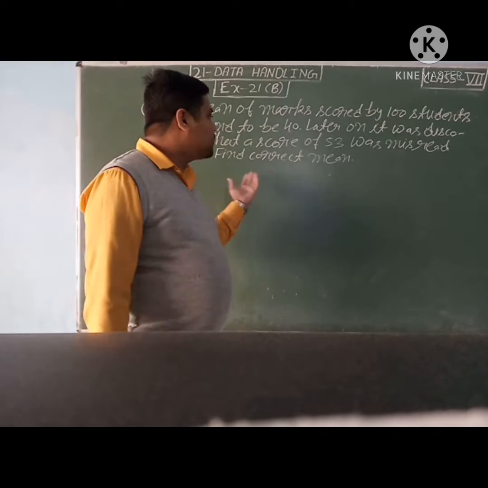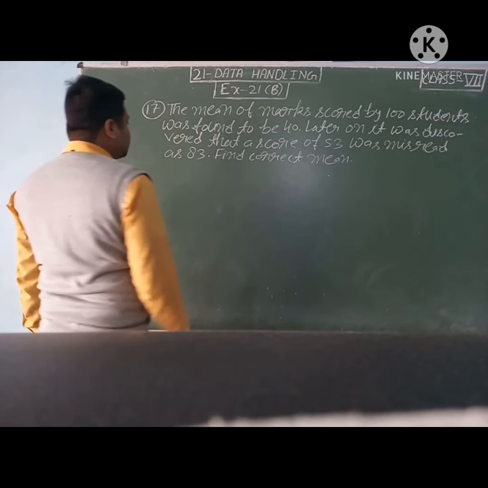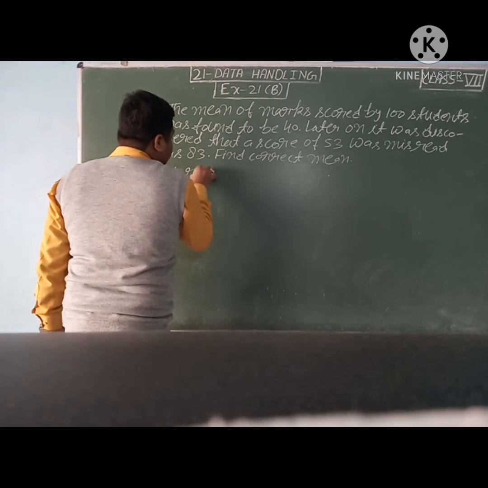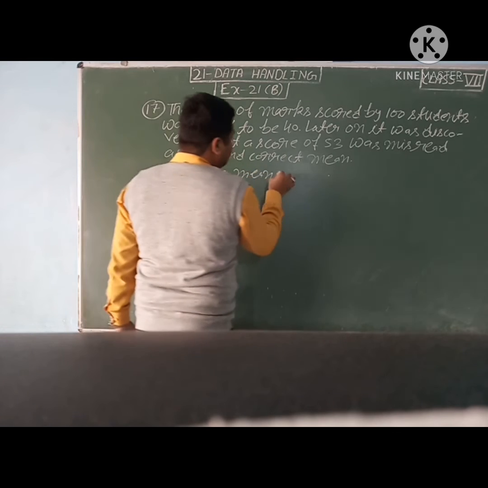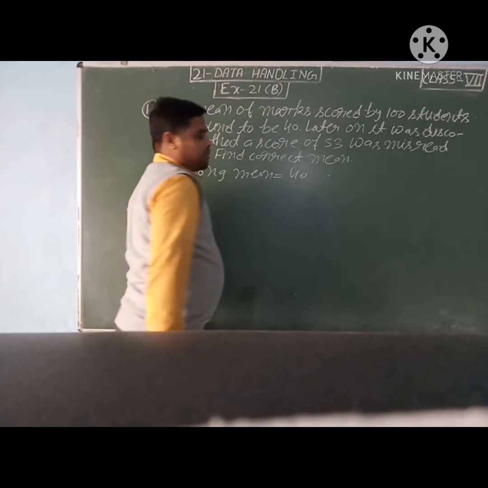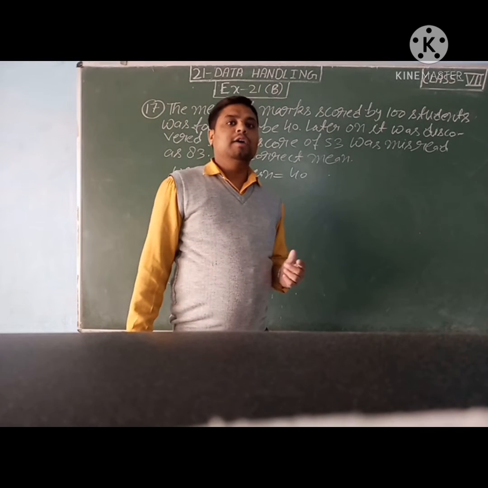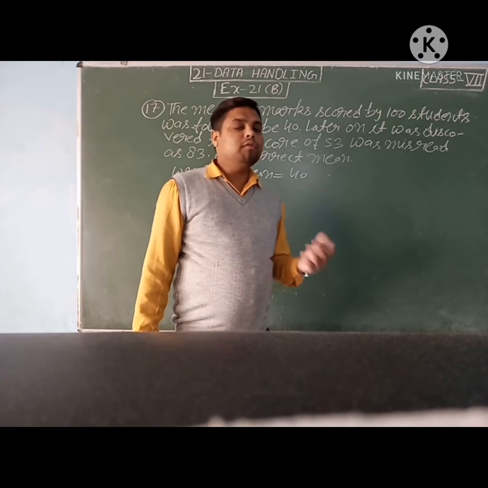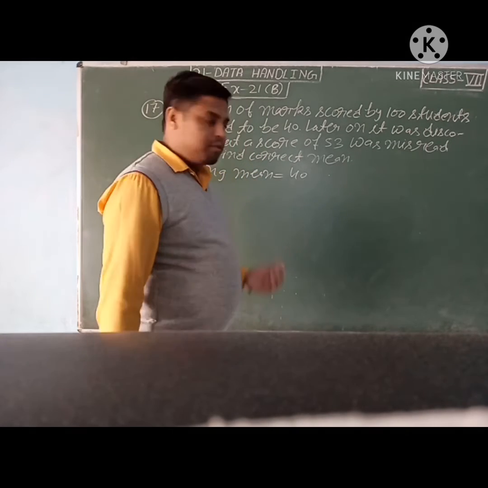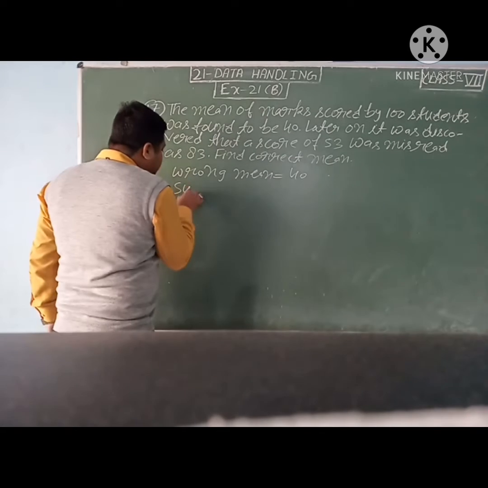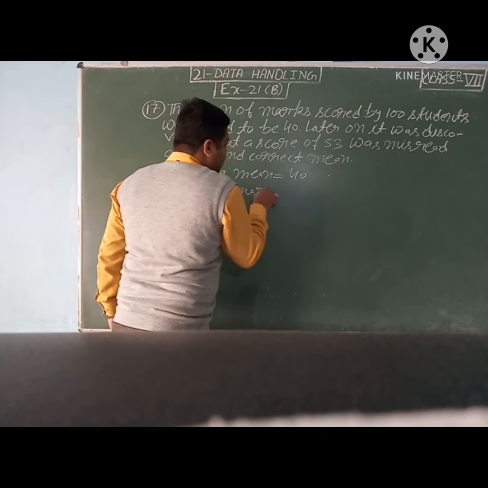So in that condition the mean will come wrong. So what we have to find? The correct mean. So see, what is the wrong mean? Wrong mean is equal to 40. So students, for this first we have to find the wrong sum of the 100 students' marks.